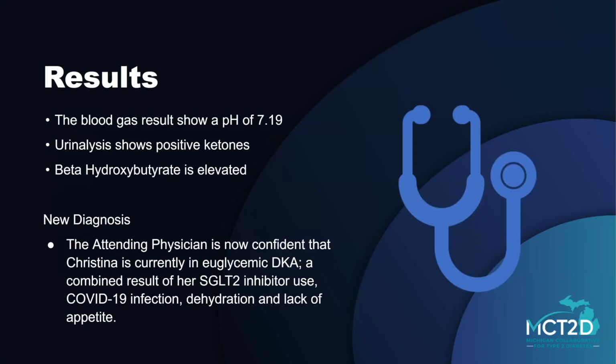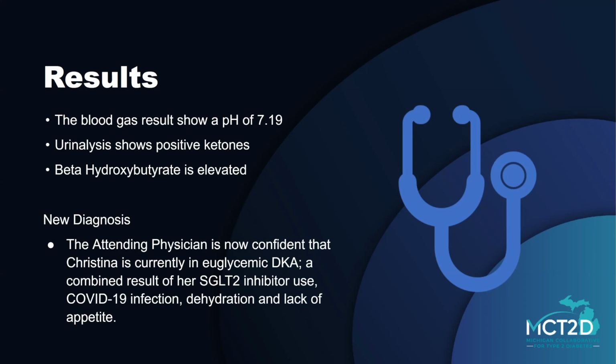The blood gas does show acidosis. The urinalysis shows some ketones, and her serum beta hydroxybutyrate is elevated. So now the attending ER physician realizes that this patient has not only COVID-19 symptoms, but also euglycemic DKA. So even though her sugar was only 188, she is in fact in diabetic ketoacidosis.